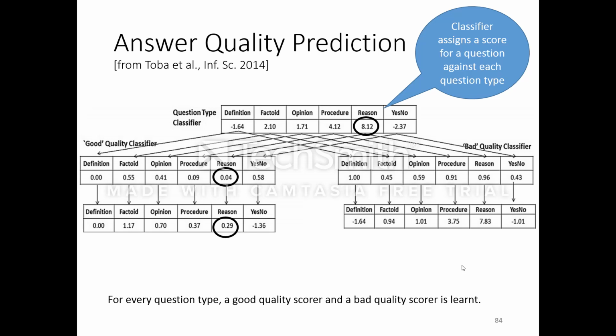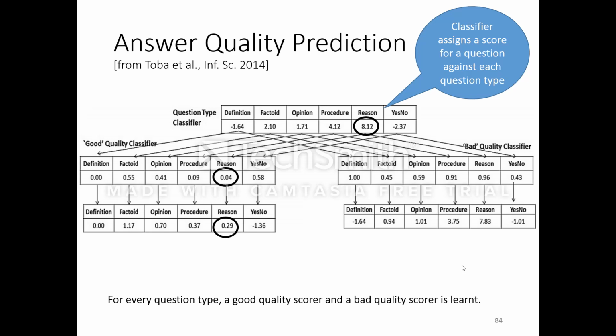Okay, so now you have a score coming from the good quality scorer, which in this case says that it's not a very good answer for the reason type question. So the good quality scorer gives a score of 0.04. So you can now multiply these scores.